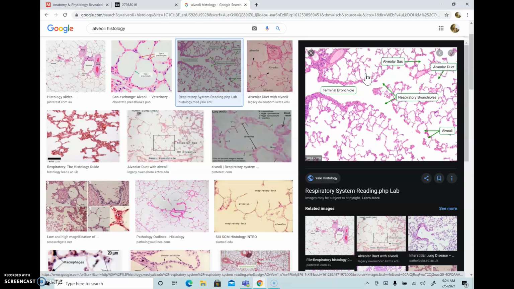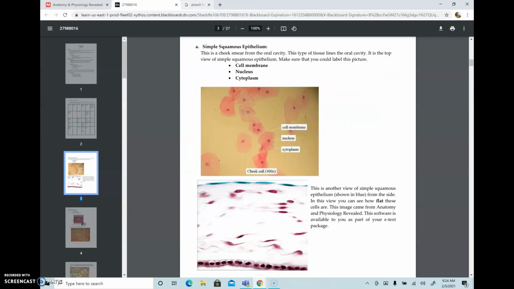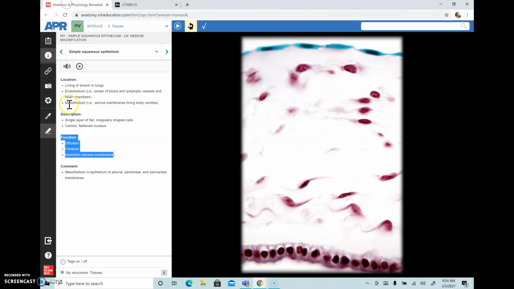So the main function of simple squamous epithelium is to help easy diffusion. And they can be found in structures like the alveoli of the lung, the kidney tubules, endothelium, meaning the blood vessels and lymphatic vessels. Mesothelium refers to the serous membranes and linings of the body cavity.